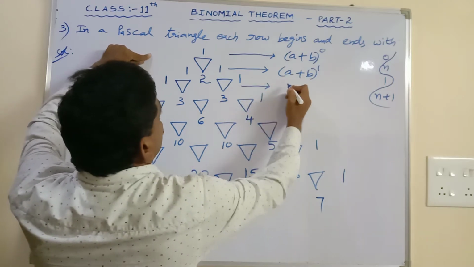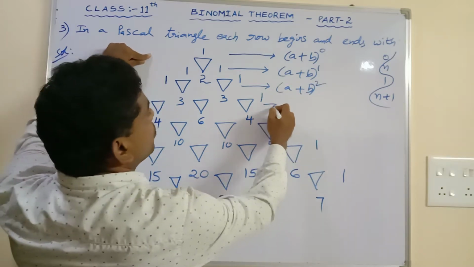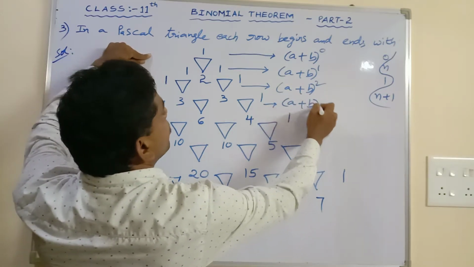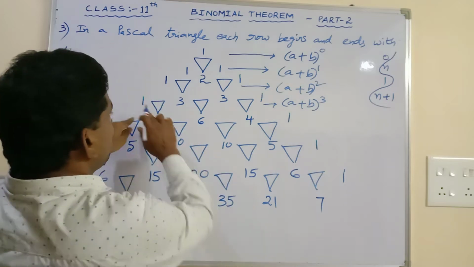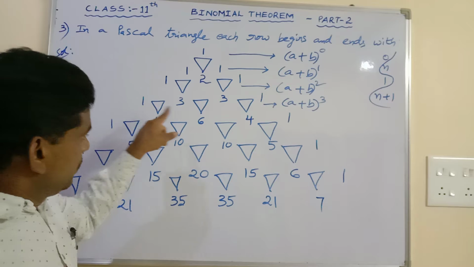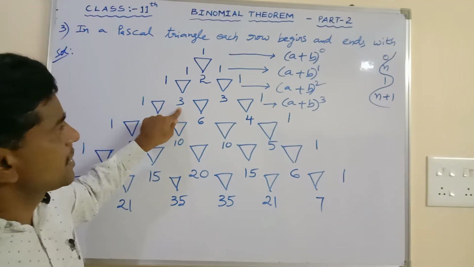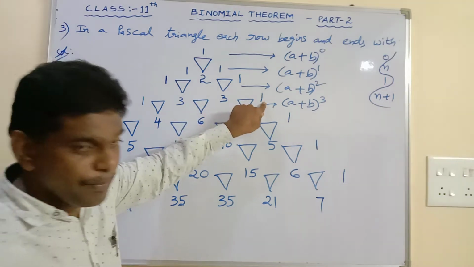In third row, a plus b whole square. In the fourth row, a plus b whole cube. These are the coefficients. Okay, we know that the cube of a plus b, a cube plus 3a square b plus 3ab square plus b cube.